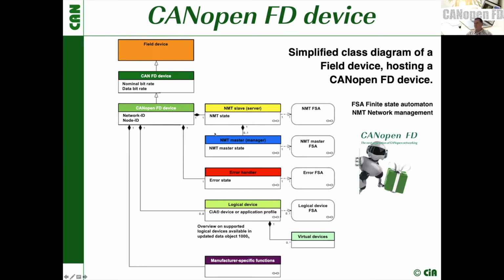And this NMT manager is at least in small parts already addressed in the basic CANopen FD specification 1301. All the rest is rather identical to what we have already had in classic CANopen.